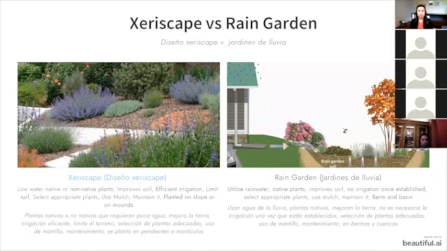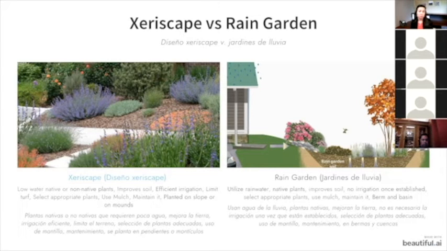I also like to talk about the difference between Xeriscape and a rain garden, because I think it's important to make sure that people understand that distinction. Xeriscape has low water or non-native plants or native plants.